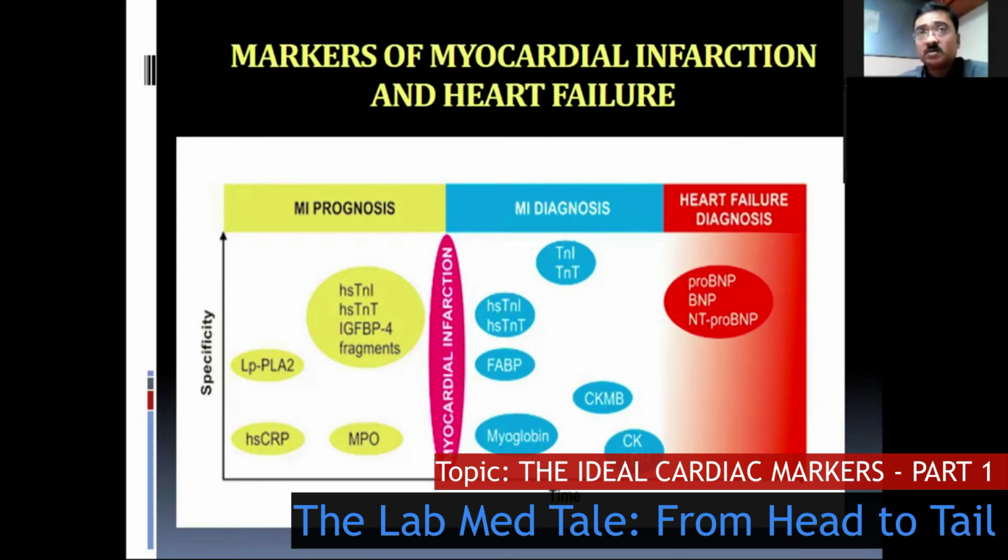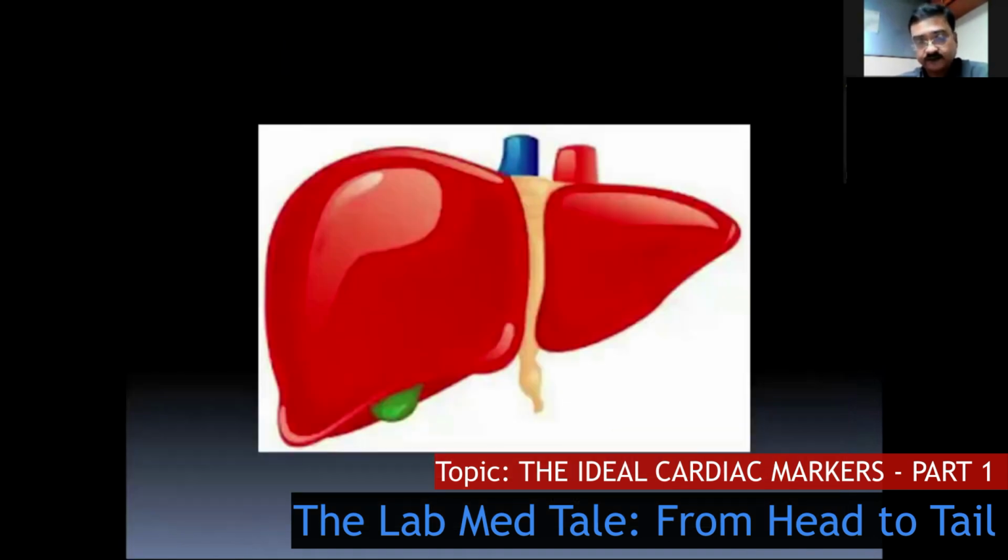Apart from diagnostic markers, cardiac health is also jeopardized when there is cardiac failure. Heart failure is a condition where myocardial injury may or may not happen, but cardiac function deteriorates. In those conditions, the markers are proBNP, NT-proBNP, and BNP, the natriuretic peptide family.